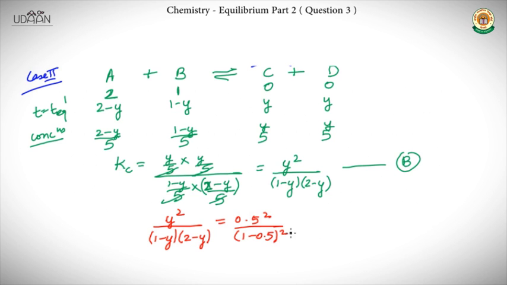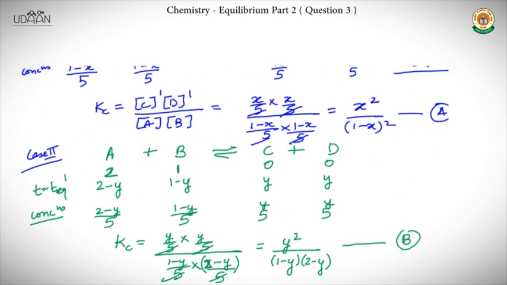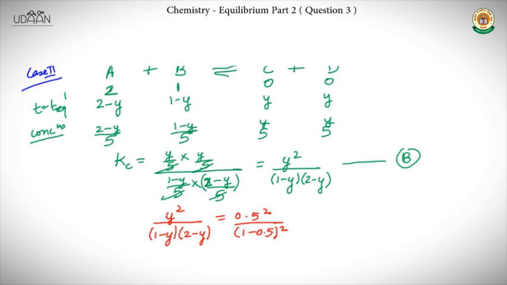Why? Because it's given in the question that in the first case, the number of moles of C present at equilibrium are 0.5. That means X is 0.5. So I just substituted the value of X in equation A. The denominator will be 0.5 squared as well, because 1 minus 0.5 is also 0.5, so this will cancel out.